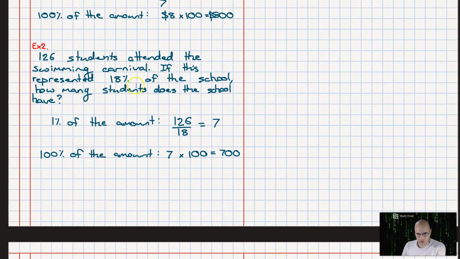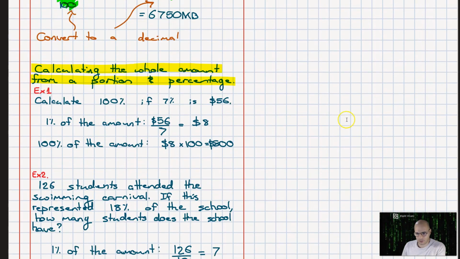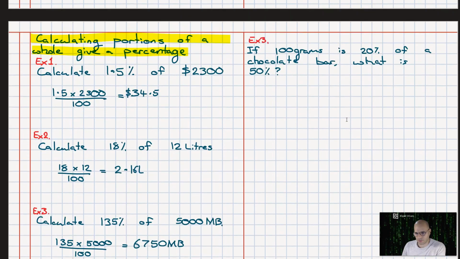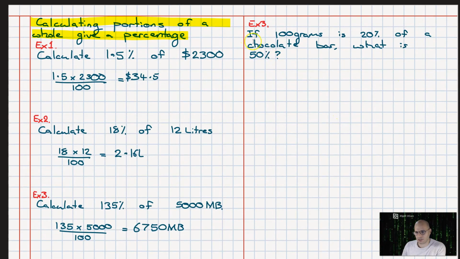Alright, so 2 nice and simple ones. Let's have a look at something a little bit more challenging. If 100 grams is 20% of a chocolate bar, what is 50%? The way in which we're going to do this, once again, is we'll calculate the 1%.